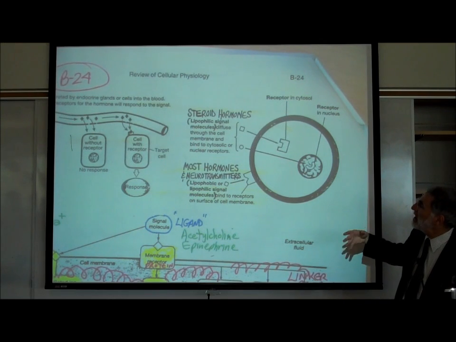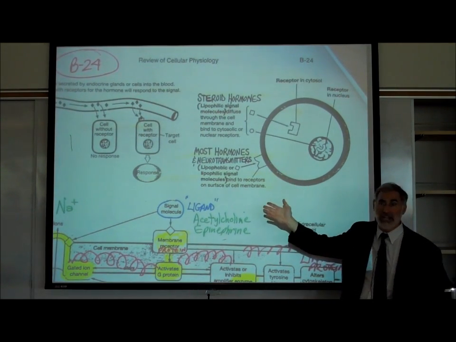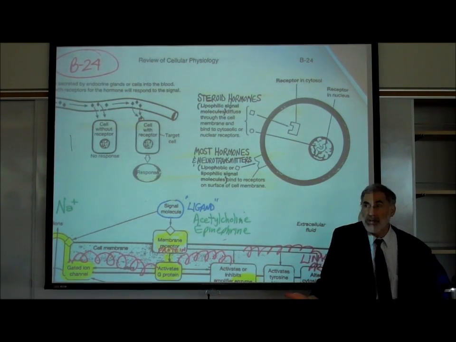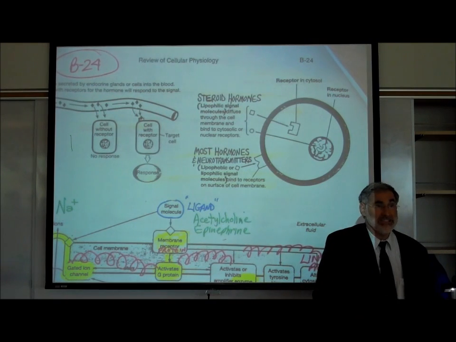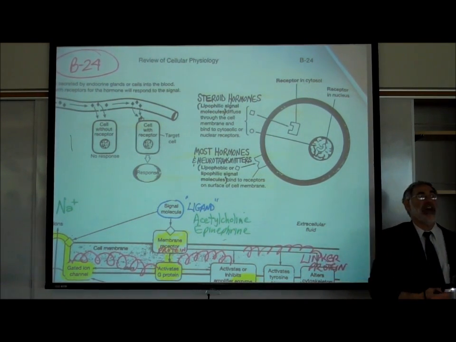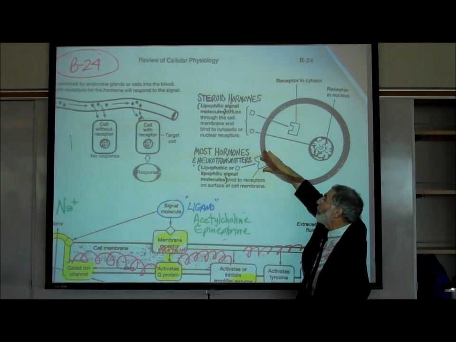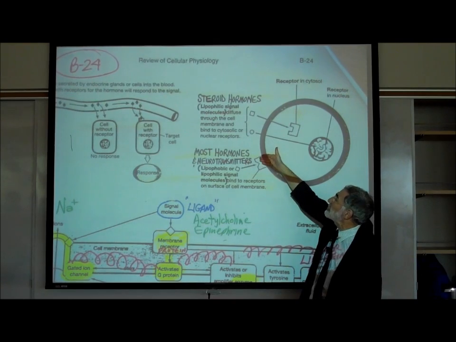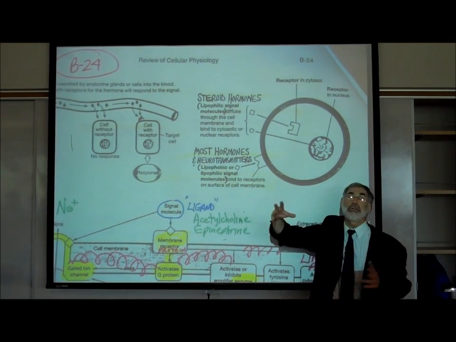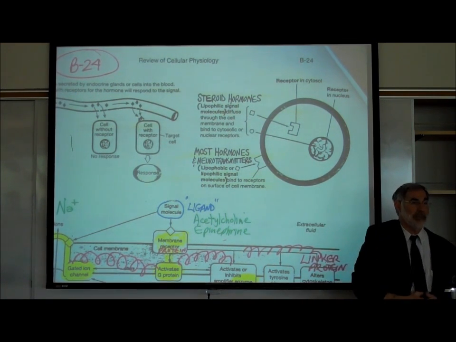All right. Now, on the other hand, most other hormones and neurotransmitters, the protein hormones, the neurotransmitters, are not made from fats. They are not fat soluble. They cannot easily get across the fatty membrane. So the receptor sites for all the other hormones and neurotransmitters are on the surface of the cell membrane. Certainly proteins and protein hormones are way too big to get across a cell membrane.